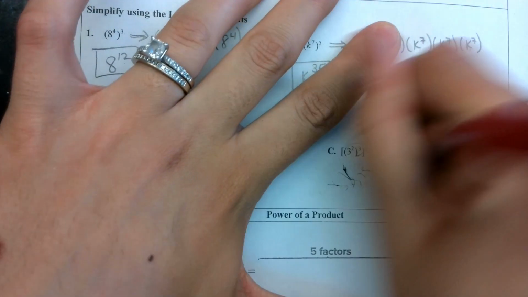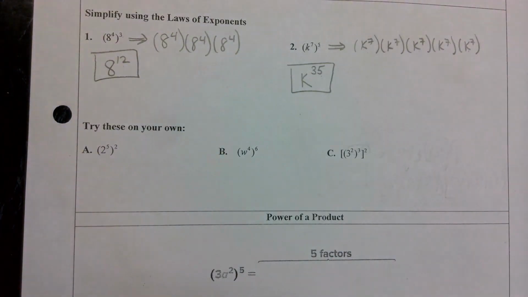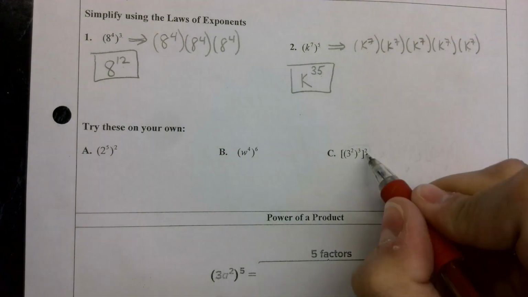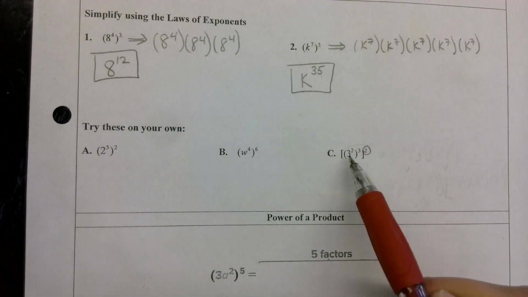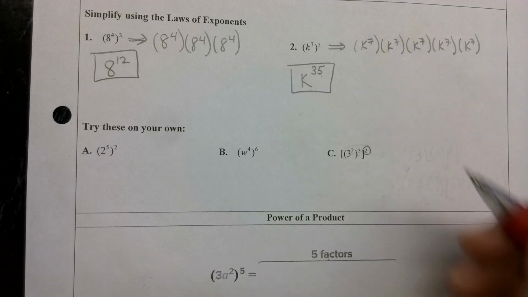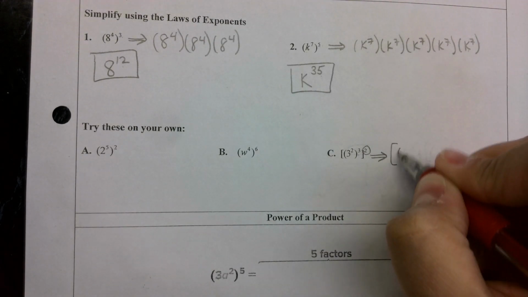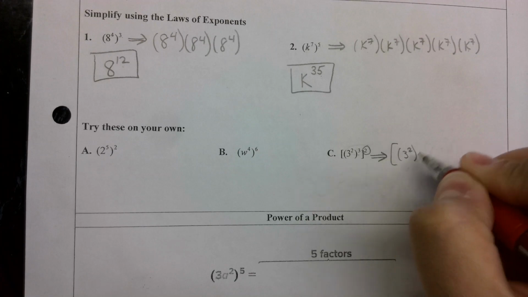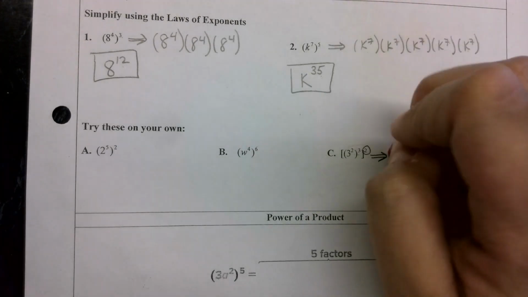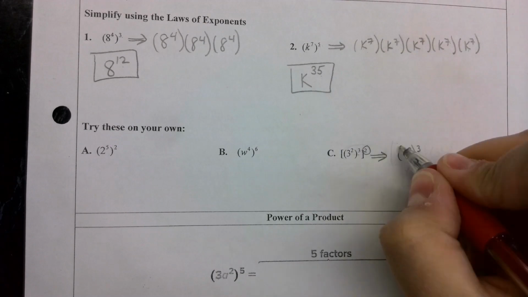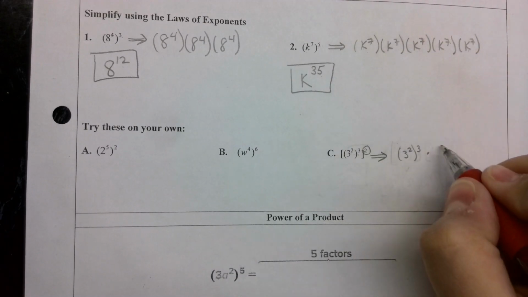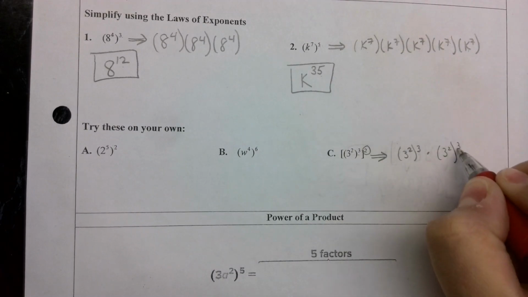From this outer exponent, that means that I have 2 groups of 3 squared raised to the 3rd power. So that really looks like 3 to the 2nd raised to the 3rd. I don't even need these parentheses on the outside. I have 2 groups of that, 3 squared raised to the 3rd.